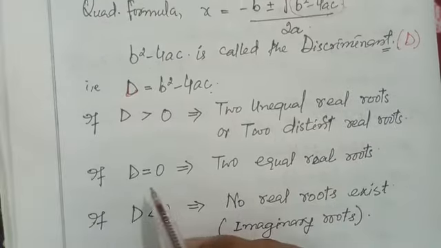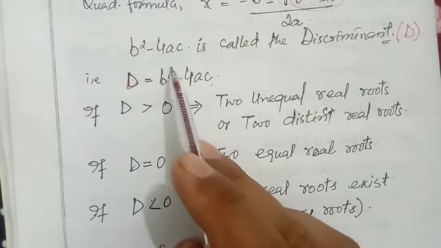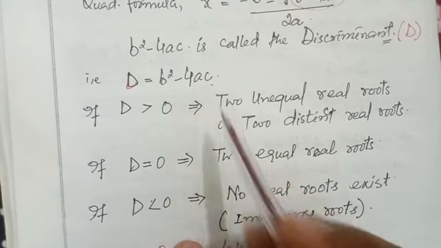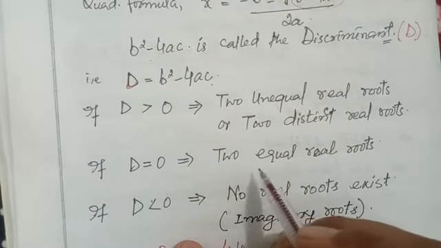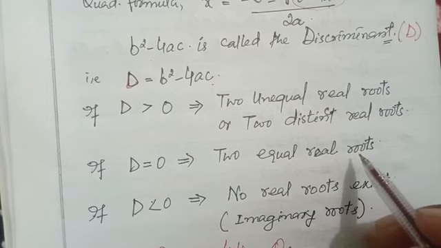In the second case, if D equal to 0, that means if b square minus 4ac is equal to 0, then the equation will have two equal real roots. Both the roots will be real and both will be equal. That means if one root is 1, the other root will be 1.